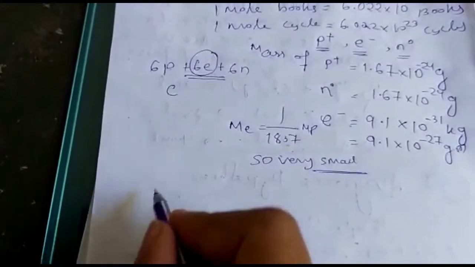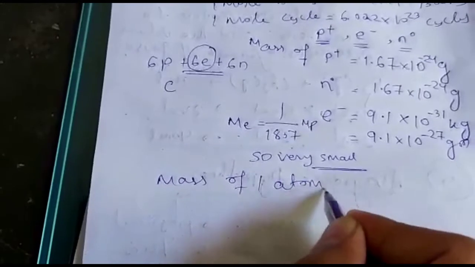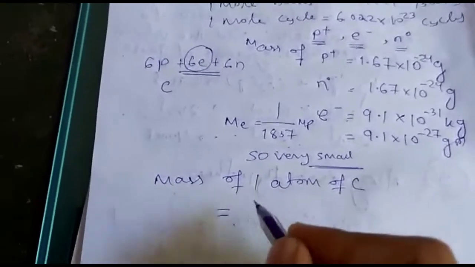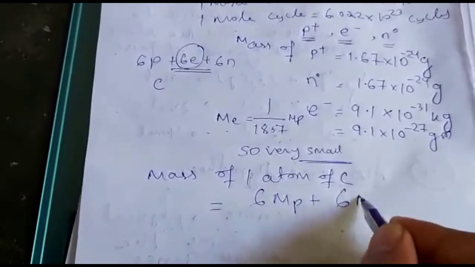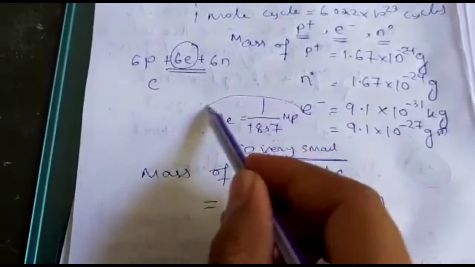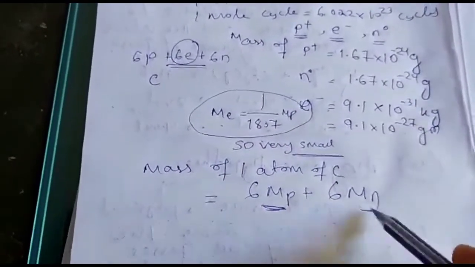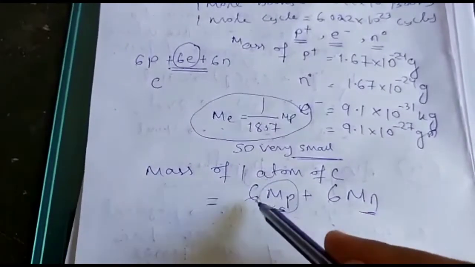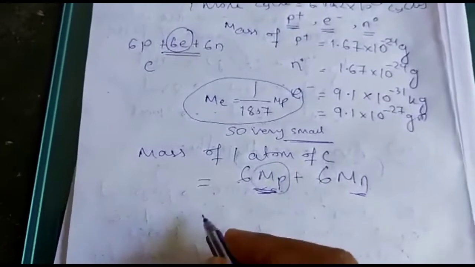Suppose we are calculating the mass of 1 atom of carbon, that is 6 mass of proton plus 6 mass of neutron. We never consider electron as it is very, very small compared to the proton. Only we consider the proton and neutron. Here 6 protons, so 6 into mass of proton, 6 neutrons, so 6 into mass of neutron.